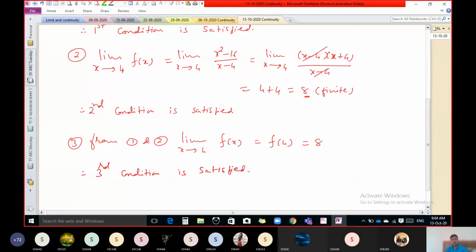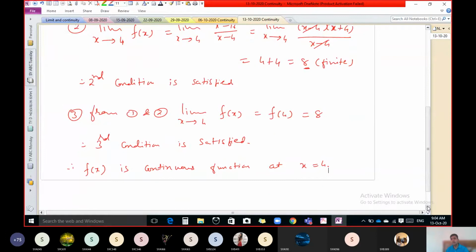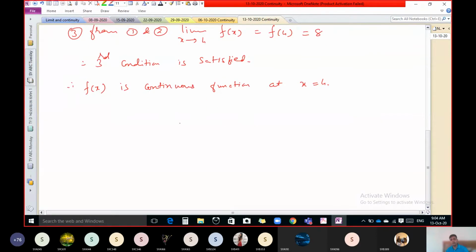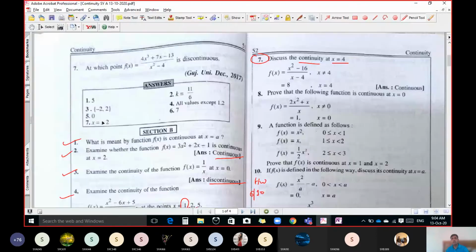Therefore function f of x is continuous at x equal to 4, and that is the end of the example. So it is not difficult, you just have to use the concept of limit and function to solve the example of continuity. So it is continuous at x equal to 4, that is the answer.